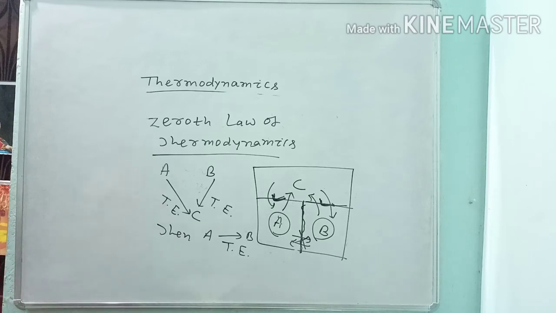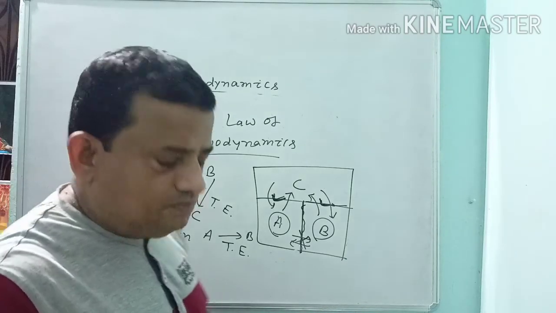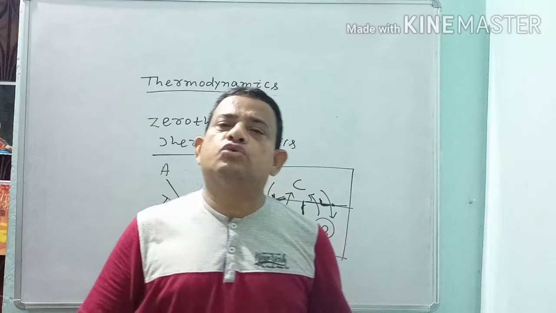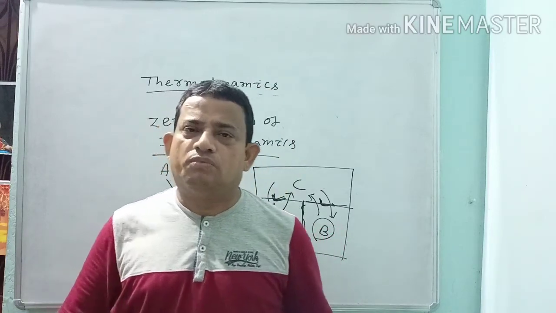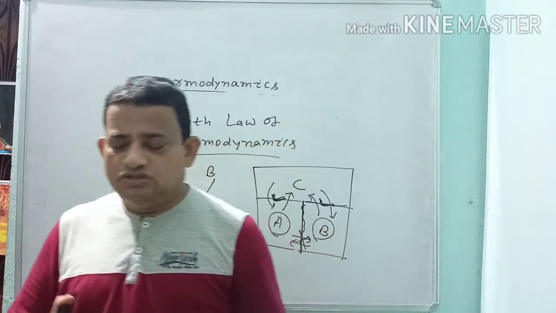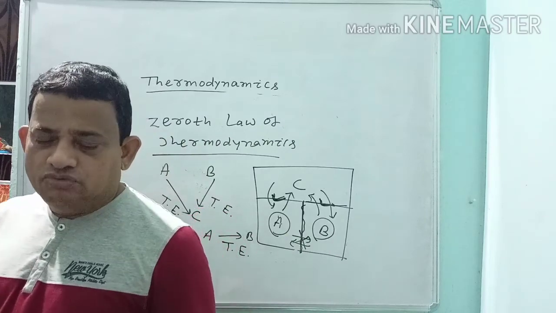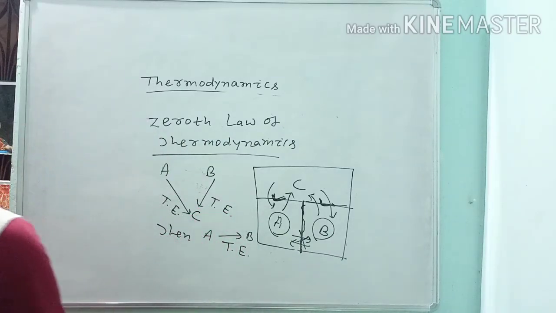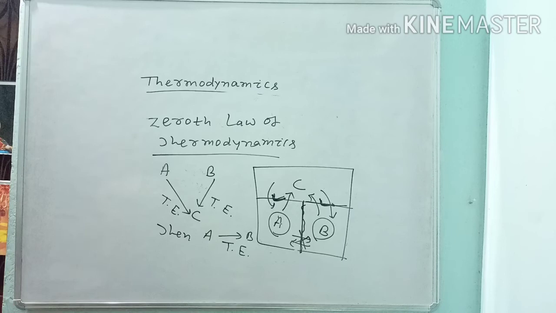So we say the concept of temperature is obtained from this zeroth law of thermodynamics. So students, you understand the basic concept of thermodynamics I have given. You understand this.